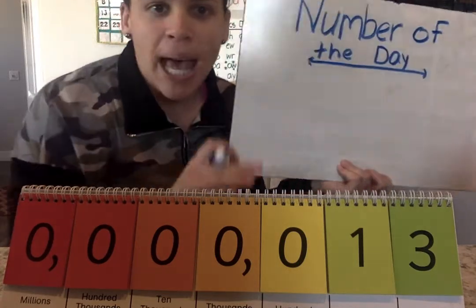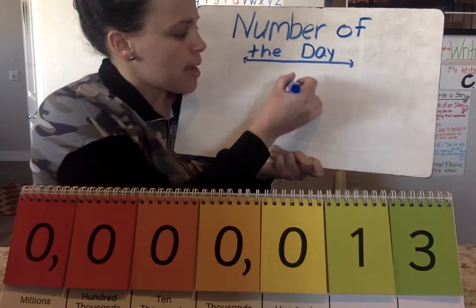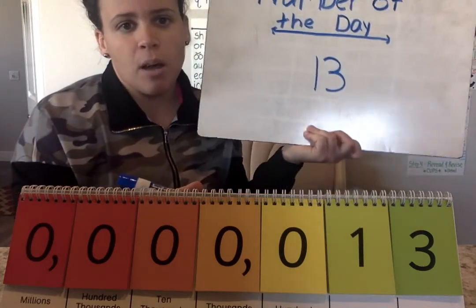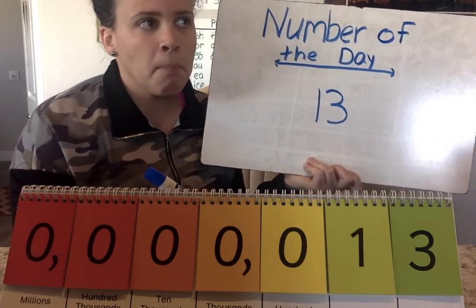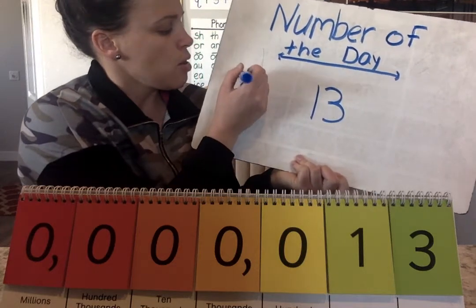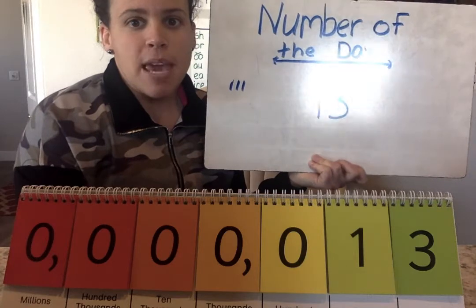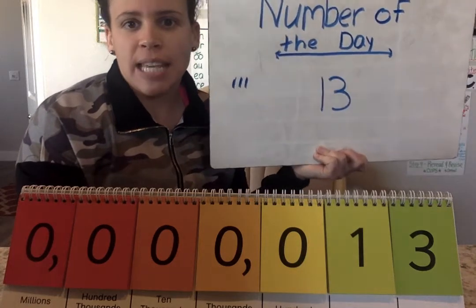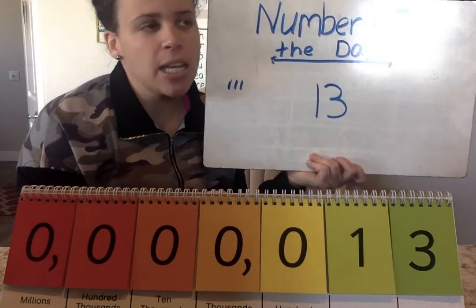I'm going to help you get started. One easy way you can make it is just by writing the number 13. How else could you make it? Tally marks. I'm just going to get started. Maybe 13 buttons. You can draw a picture of 13.